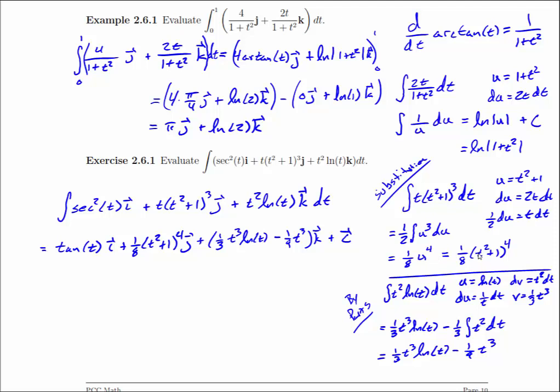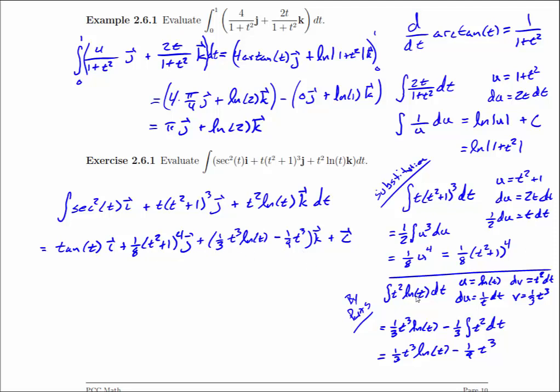And then I'll plug my expression for u back in, t squared plus 1 in for u, and I get this as the antiderivative of this. I'm not putting a plus c right here because I'm going to do that at the end of this entire expression. So here I have this expression in the j direction.